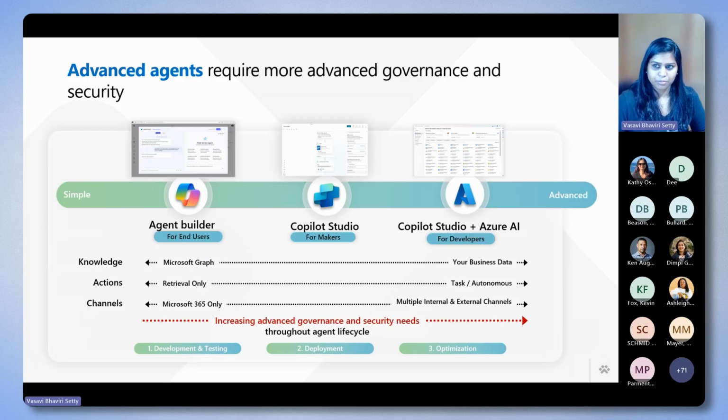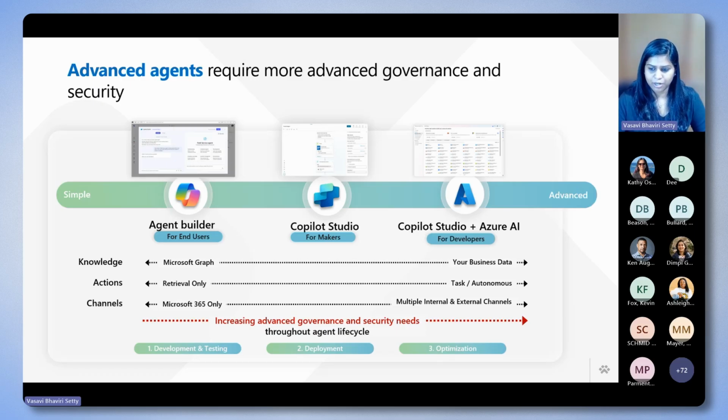As we move from creating very simple agents to more advanced agents, or agents with more advanced capabilities, the need for governance and security also increases very significantly. On the screen, I have this arrow pointing, showing the progression, which also emphasizes that as more and more advanced agents are being created, more robust governance and security measures are required throughout the agent lifecycle.